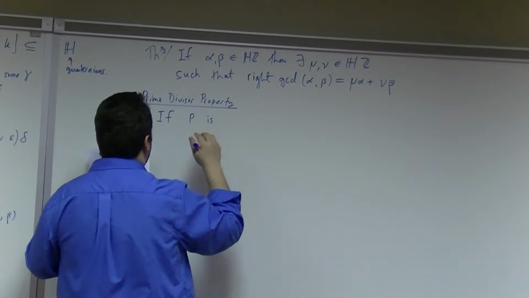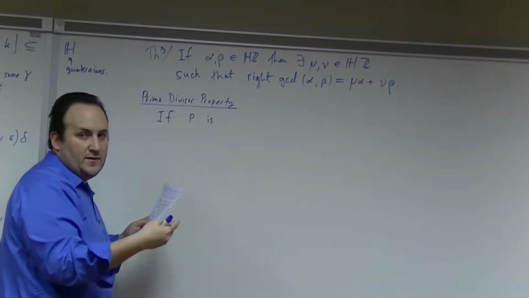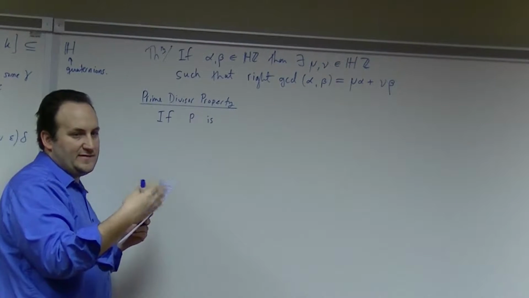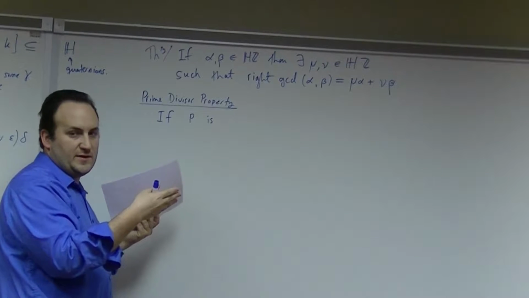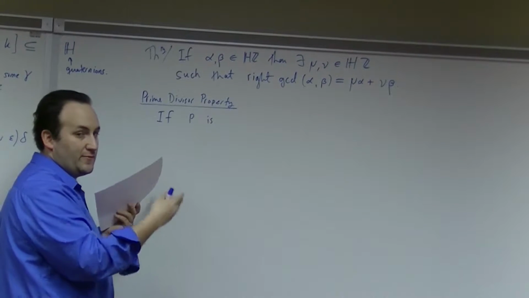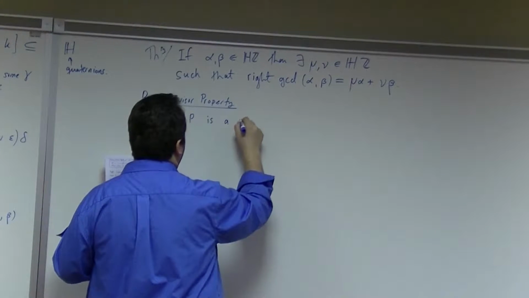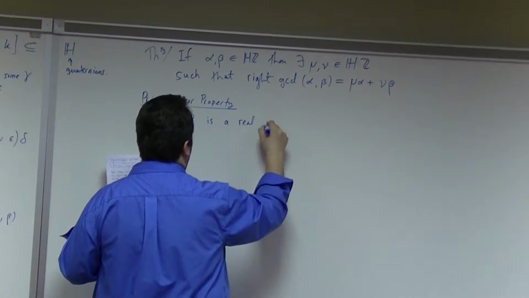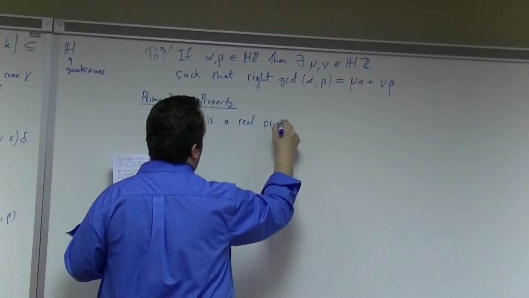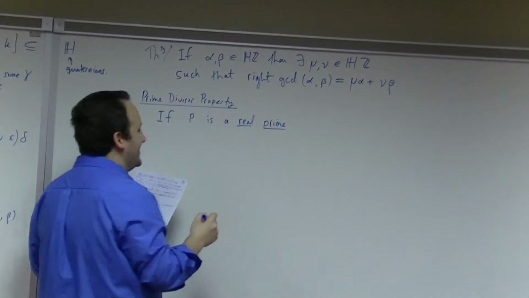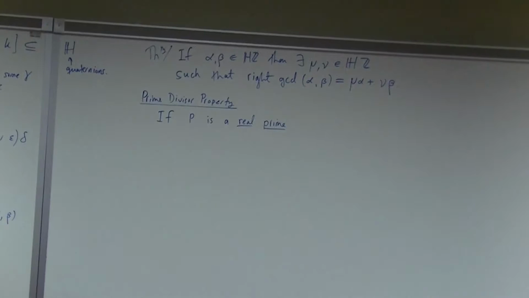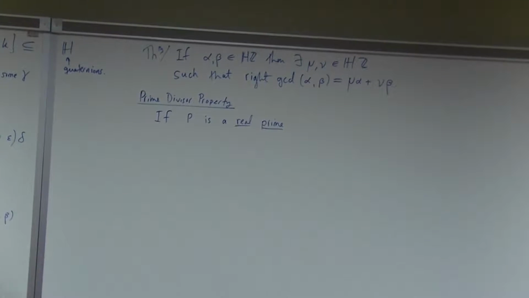Before I just said, suppose P is a Gaussian prime, or suppose P is a prime in the Eisenstein integers, or one of those things. But now I'm supposing P is a real prime, which means it's also a what? It's really real. That means it's an integer, right?